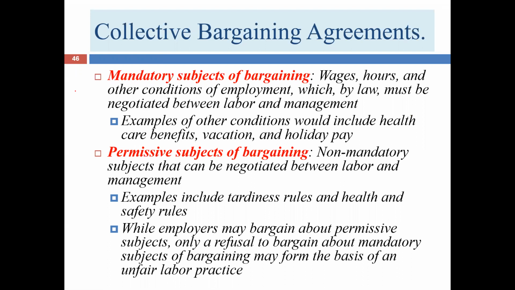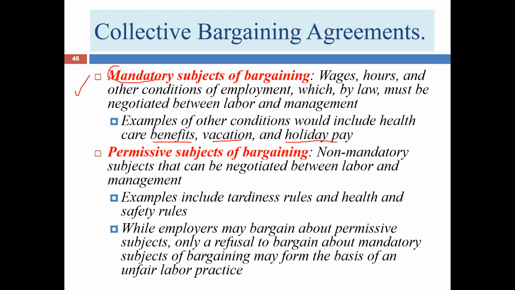Here we have information again for Quizlet of the mandatory subjects of bargaining. So these are going to be wages, the hours that are worked, and other conditions of employment, such as benefits, vacation or PTO, holiday pay, grievance processes, at will employment, those types of things, progressive discipline. All of these things have to be negotiated.